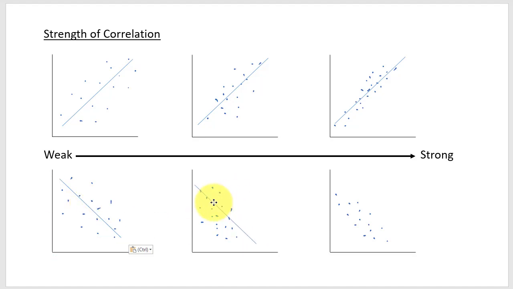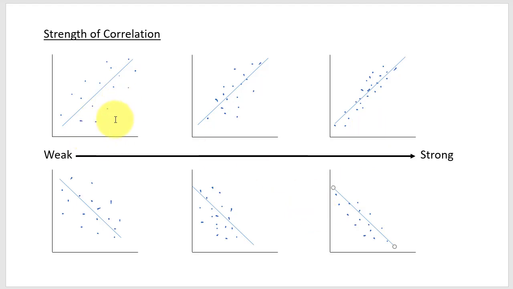And that works for a little bit stronger correlation and a little bit stronger yet. So in the top and bottom, we're going to consider those to be equally strong or equally weak, depending on what the situation is, but they're in different directions.